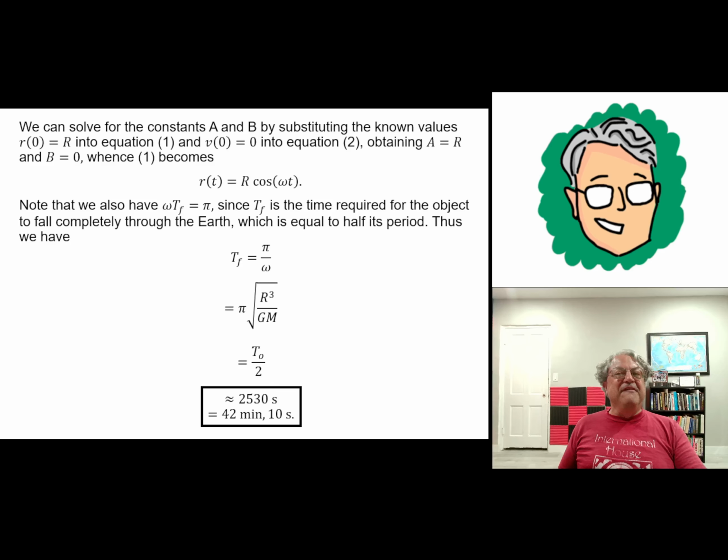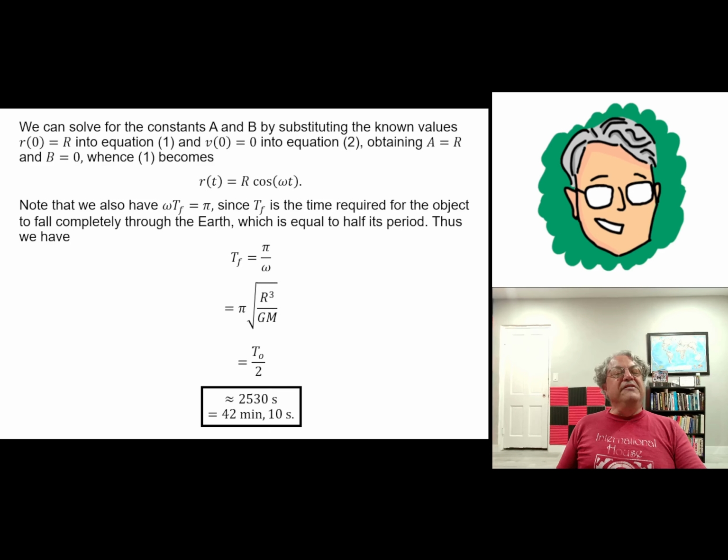What this is saying is that if the Earth had uniform density and you threw an object into an evacuated tunnel that went all the way through the Earth, then it would undergo what's called simple harmonic motion. It would have the same motion as a mass on a spring, or approximately like a pendulum, just a sinusoidal back and forth motion.